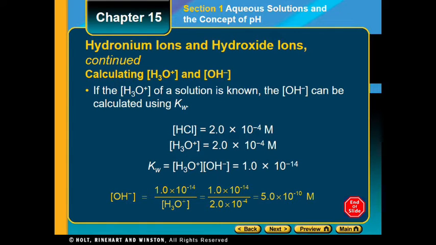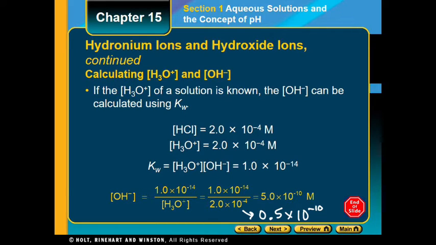Again, on this one right here, if you were to do the original math, you're in your scientific calculator, so it's great, but the math right here is actually equal to 0.5 times 10 to the negative 10.